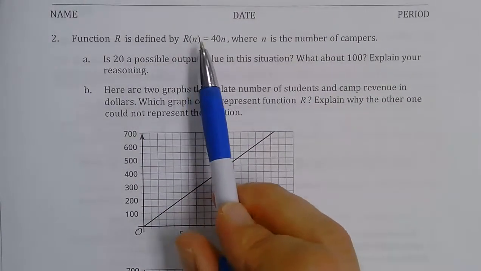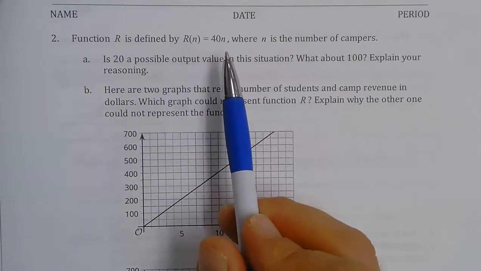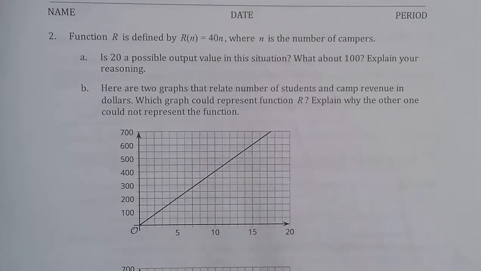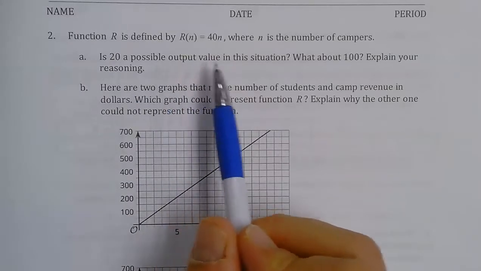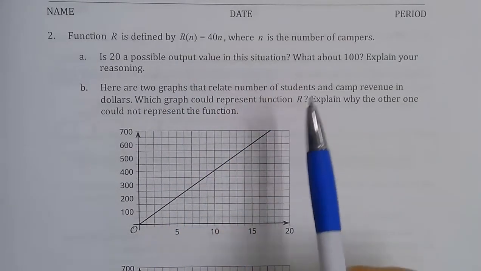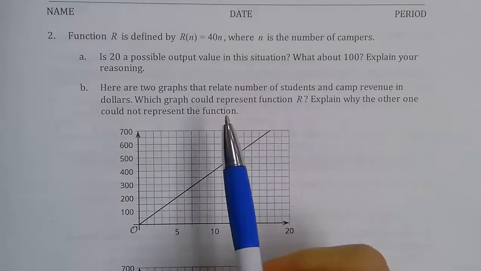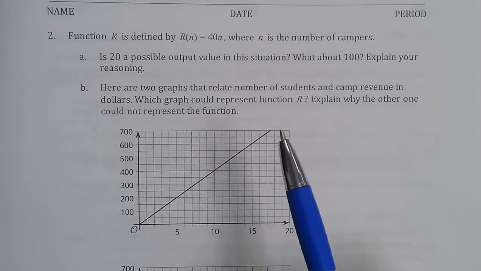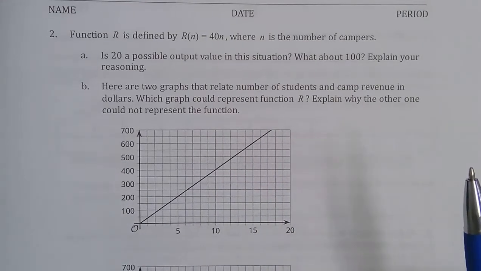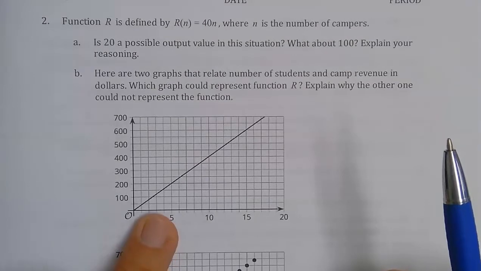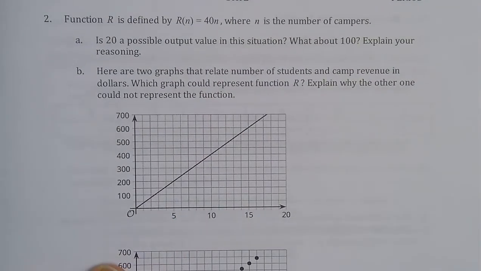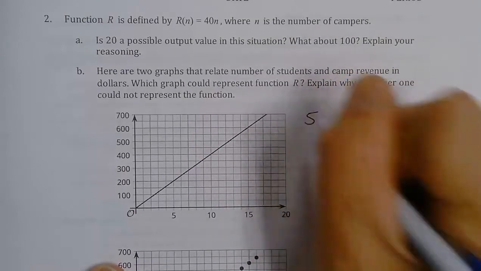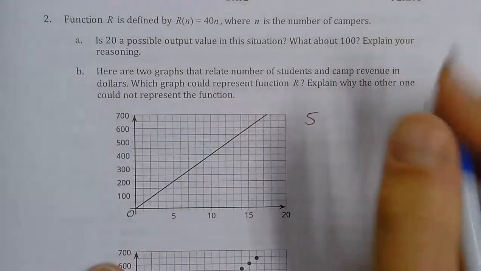So now function r is defined by r of n is 40n, where n is the number of campers. Is 20 a possible output in this situation? What about 100? So in looking at this, if you remember, for our campers, we had to be between 5 to 16.